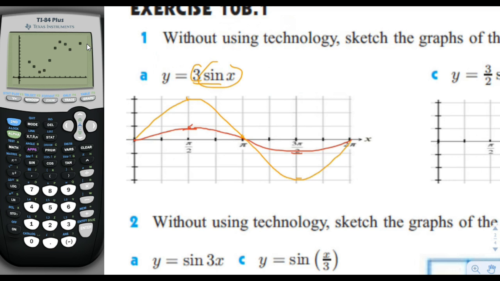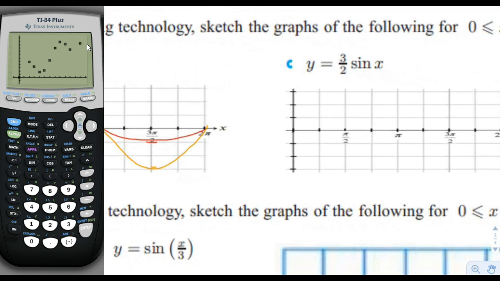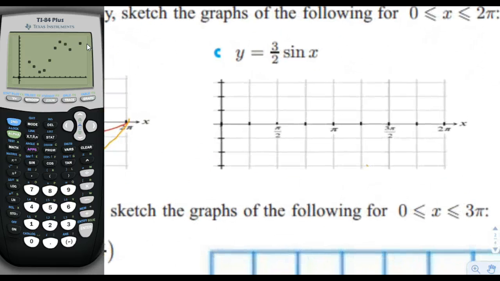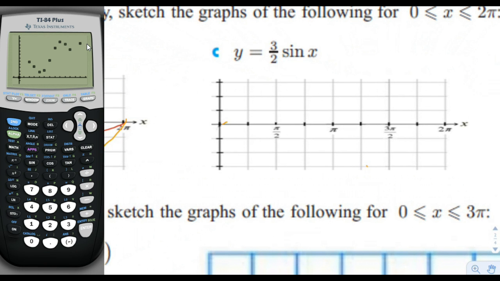Now let's look at this one. Y equals 3 halves sine x. For this one, instead of becoming 3 times taller, now it's going to become 1.5 times taller. So instead of ranging between 1 and -1, it's going to range between 1.5 and -1.5. So it's going to look kind of like that.